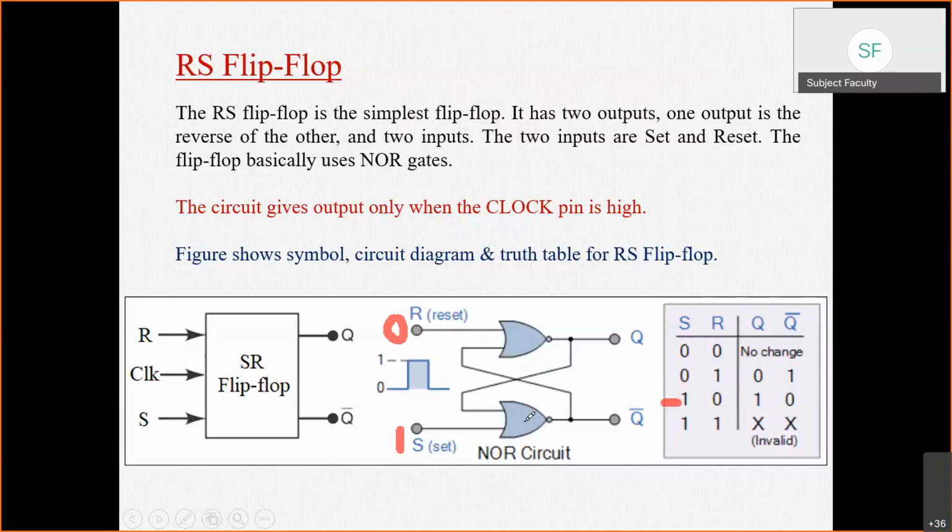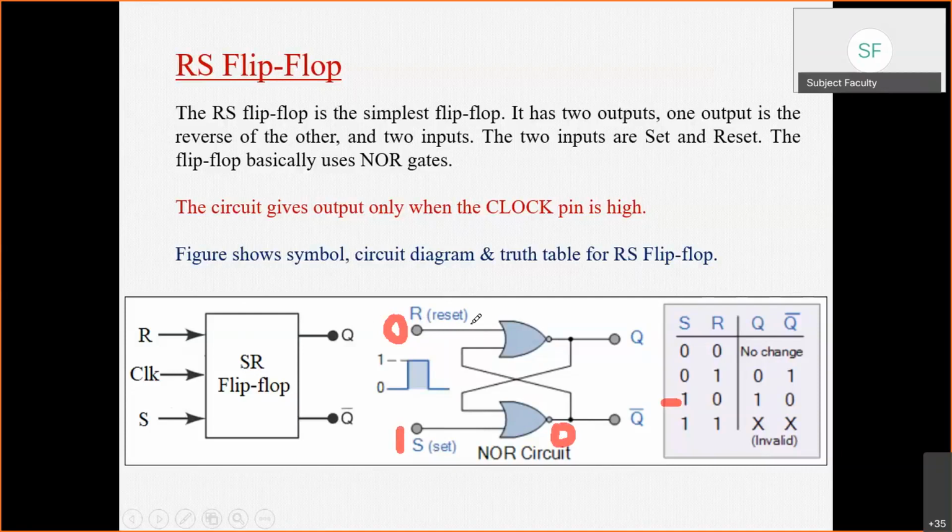Here, as soon as we observe that one of the inputs of this NOR is now 1, it is sure that its output will be 0. Why? Because whenever any one of the inputs of the NOR gate is 1, the output will be 0.